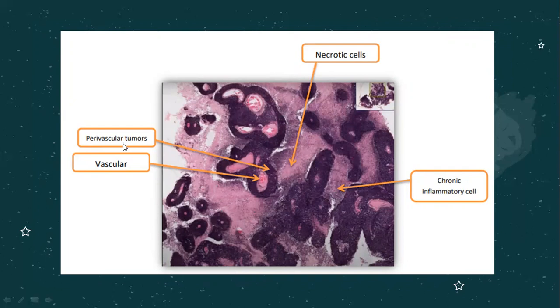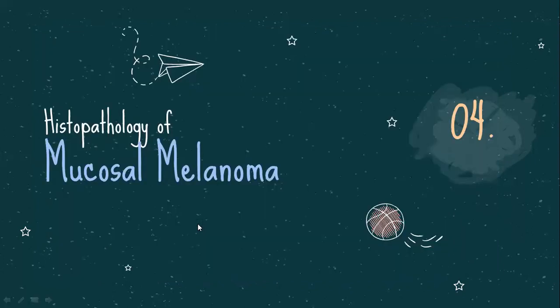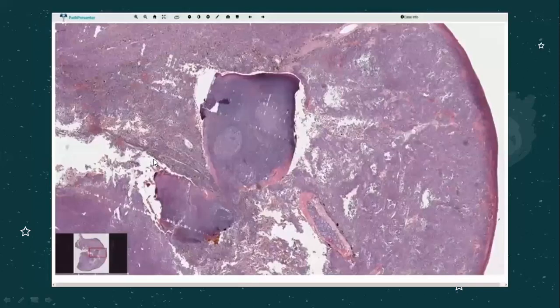Yeah, and this is perivascular tumor, very dark purple like this. And this is a blood vessel, or vascular blood vessels. This is blood vessels.